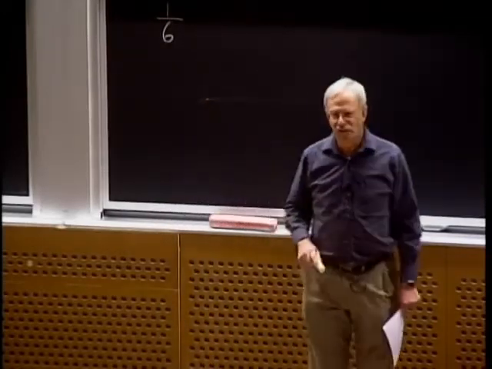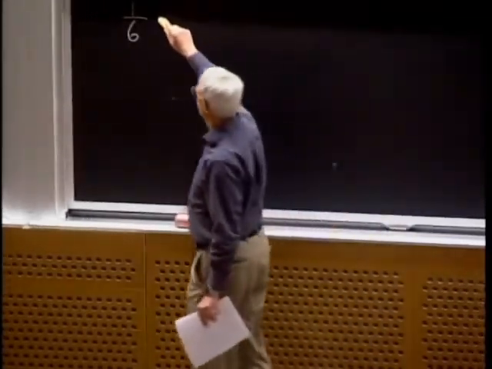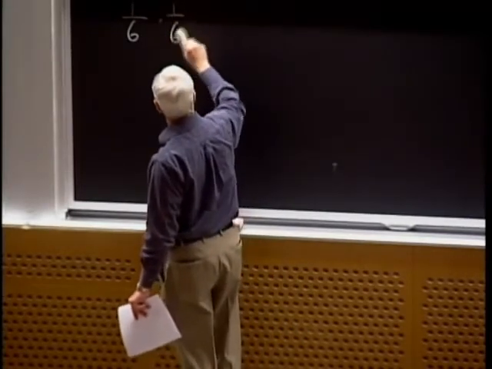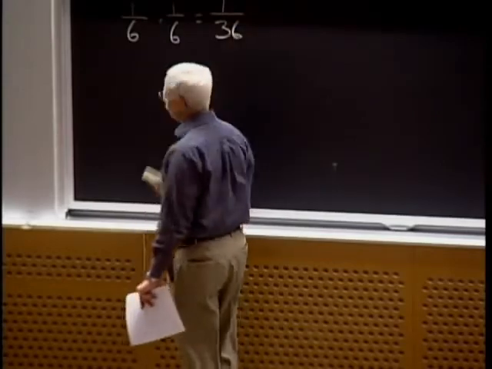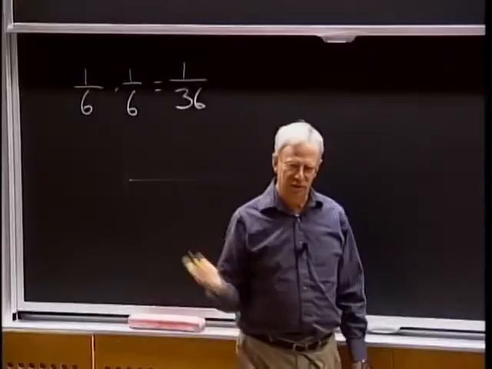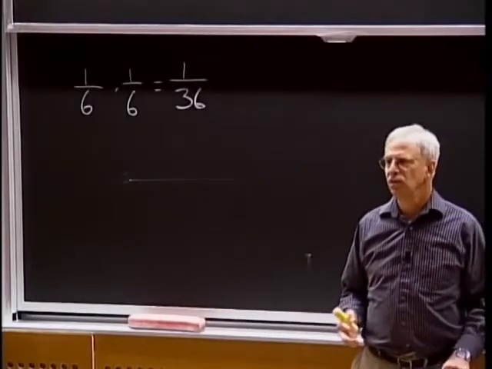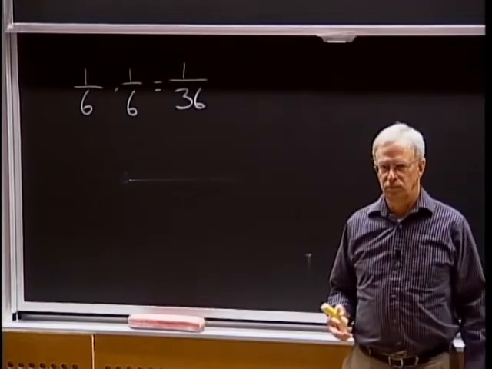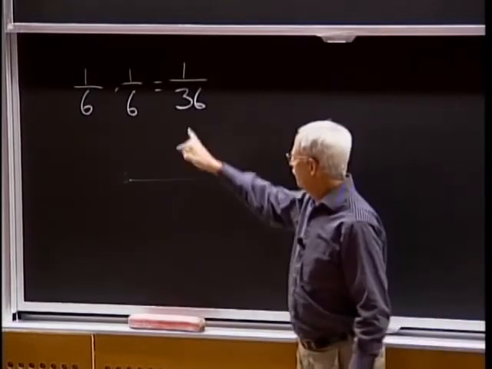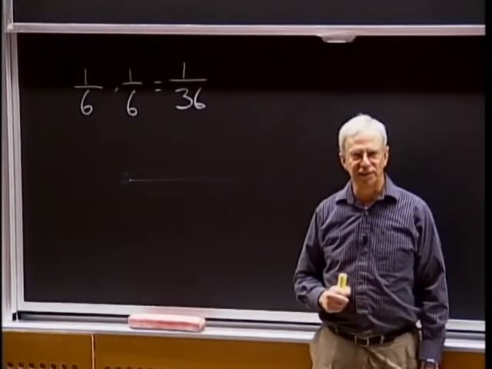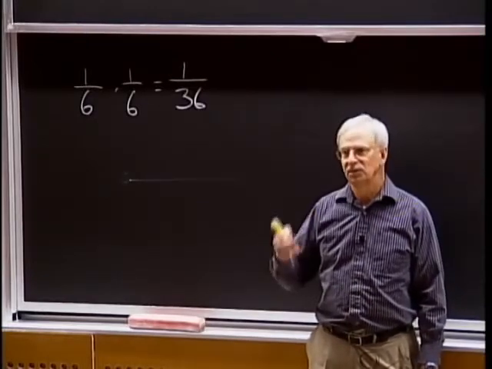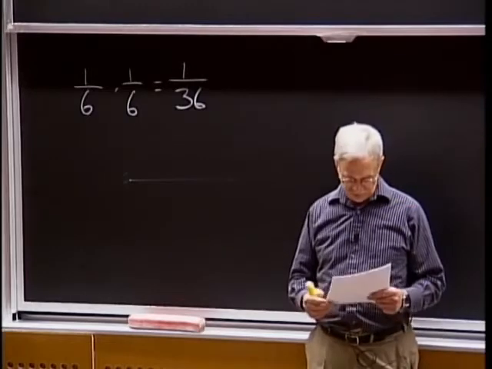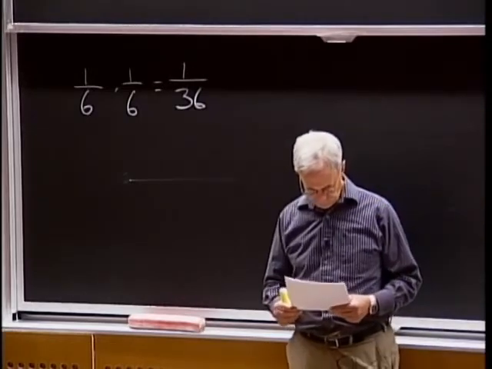The probability of not rolling a 6 with the next die is also 1 over 6. So the probability of getting a double 6 is 1/36. So the probability of not getting a double 6 is 35/36. Right?